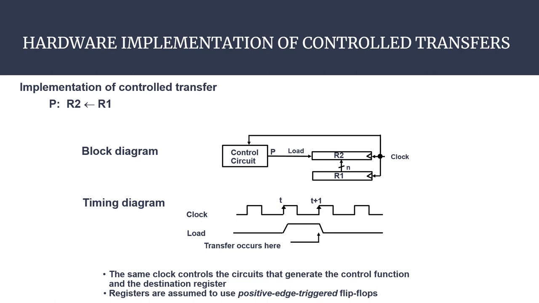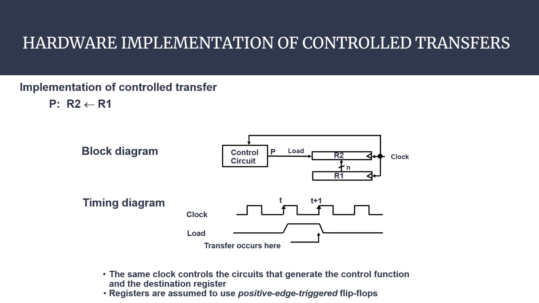So whenever the P value is calculated by this control circuit, it is applied to the load signal of this R2 register. So when P value is 1, then the load signal of R2 becomes high, and as the load signal of R2 becomes high, the contents of R1 gets transferred to the register R2.